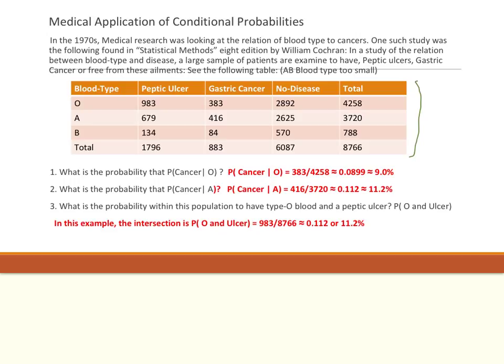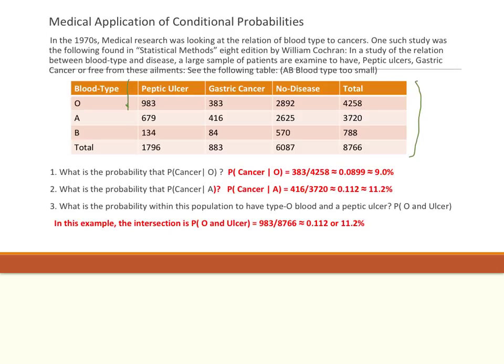Here's the blood type in this column. We have peptic ulcer, gastric cancer, no disease, and total. On this side, of course, the blood types are going across the rows. So the question is, what is the probability that a patient has cancer given that they have O blood?